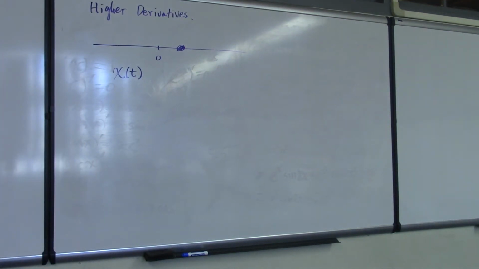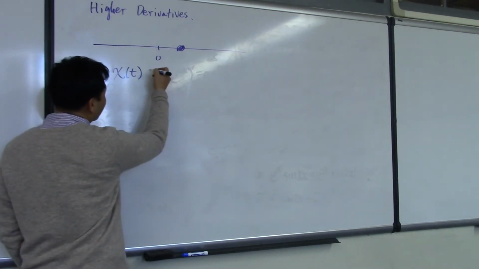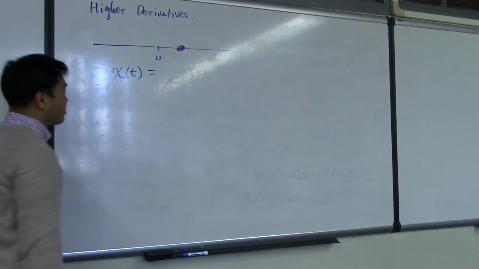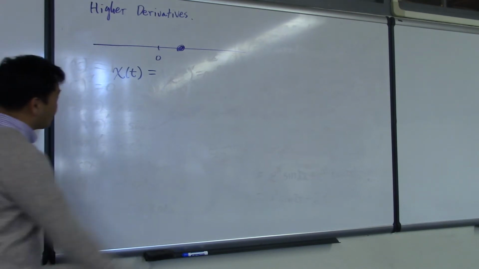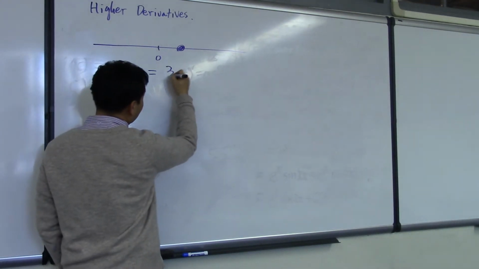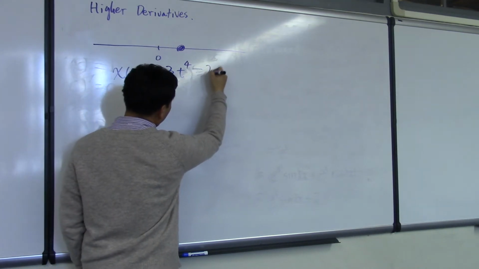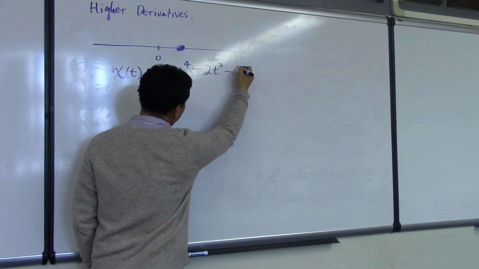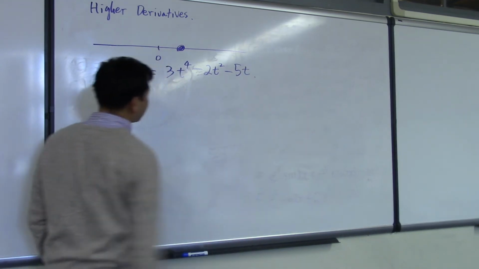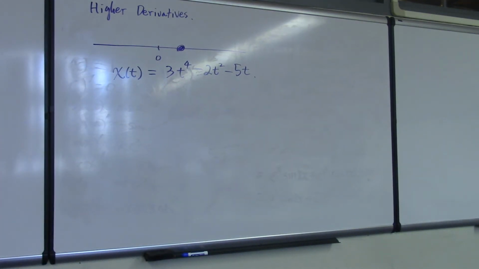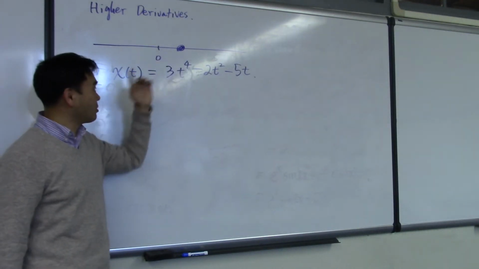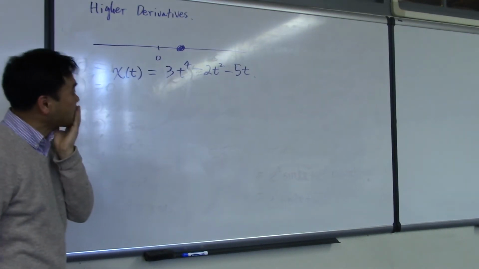Let's say that's true. Since I want a concrete example, I'll put a function of t, just so that you have some idea of what's going on: 2t squared minus 5t. So suppose you have a function like this which describes the position of the particle at time t.